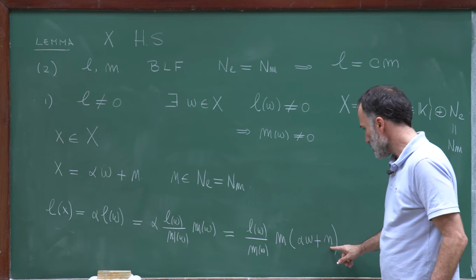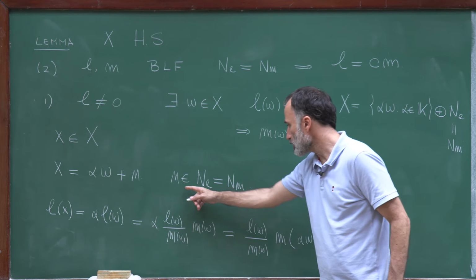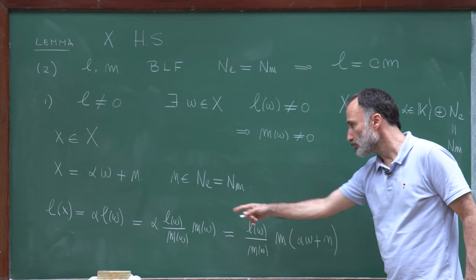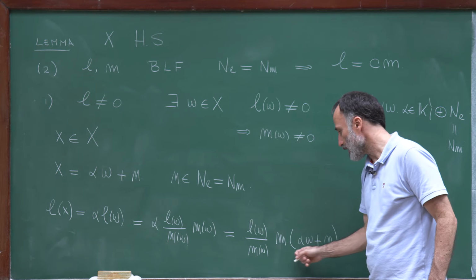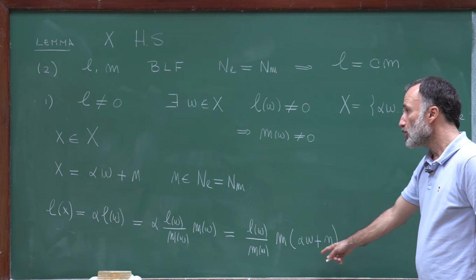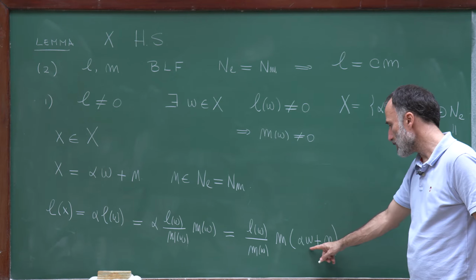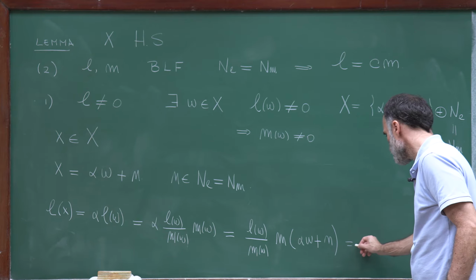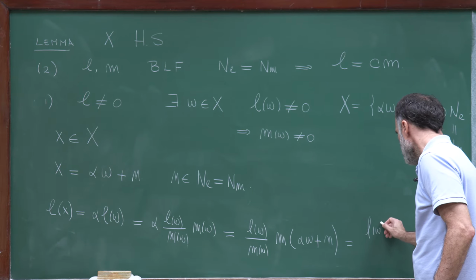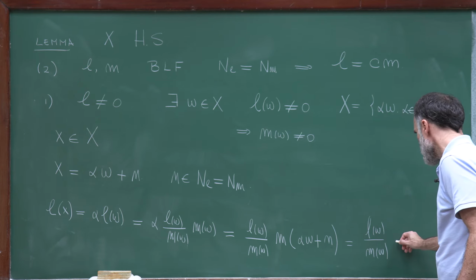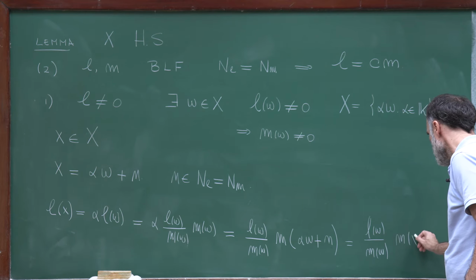Well, because M of n is 0, because n belongs to the null space of M. And here, by linearity, I can take alpha out of M. But X is exactly equal to alpha W plus n. So this is L of W divided by M of W times M of X.